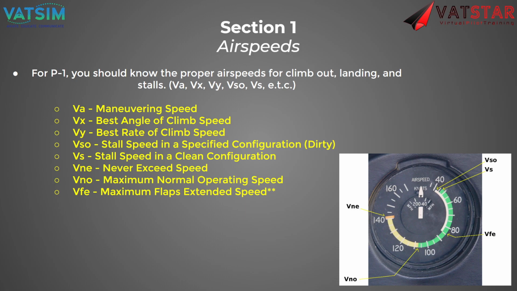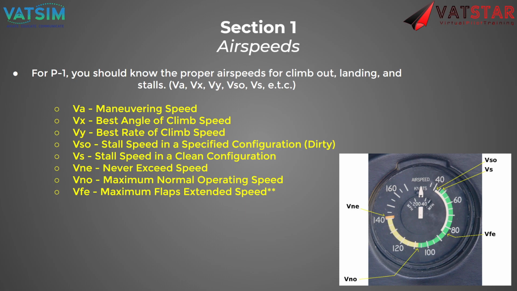It's not listed on this airspeed indicator, but it will be listed in your POH, your Pilot's Operating Handbook. For example, a Piper Arrow at max weight is 118 knots. Maneuvering speed does change with weight. If you're lighter, your maneuvering speed is going to be lower. If you're heavier, it's going to be higher.